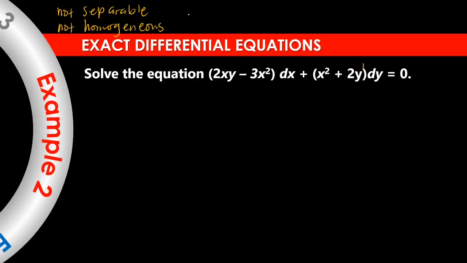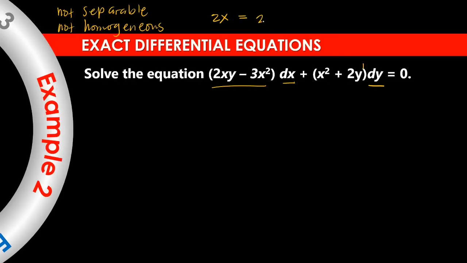So, ang sunod mong gawin, test mo kung exact siya. O, diba? Okay, paano nga mag-test kung exact ang DE? Kunan mo siya ng partial derivative, dapat kung dx with respect to y. So, ano ang partial derivative niyan with respect to y? So, that's 2x. Ito naman, kung with respect to y, 0. Kasi nga, we will treat x as a constant. Now, let us see if that would be equal to the partial derivative of this term. So, since ang multiplier ay dy, dapat kunan mo siya ng partial derivative with respect to x.